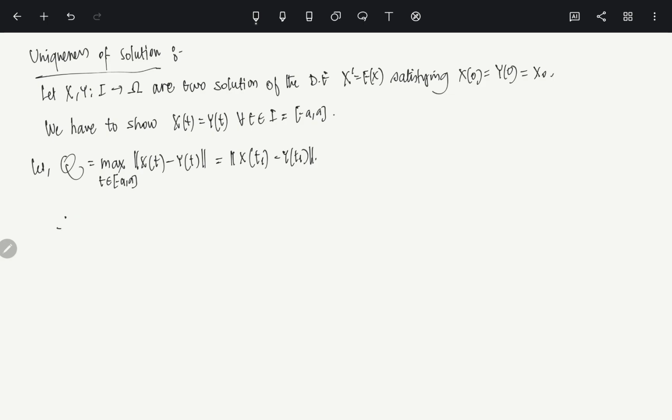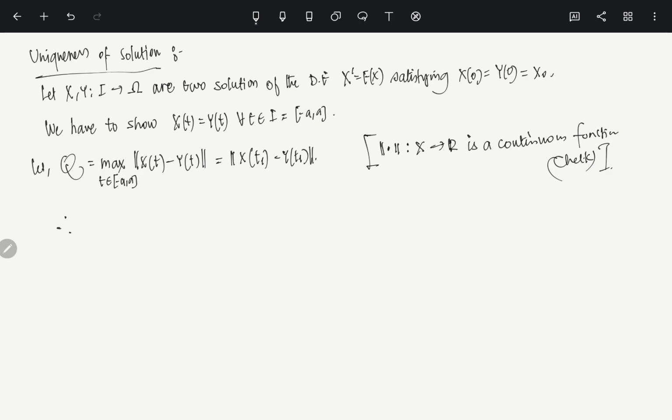Okay, so therefore what is happening is this. First of all, can the maximum be attained? Of course it can be attained. See, what did I tell you? Norm is a continuous map, right? Show this first of all: norm from some X to R is a continuous function. Check this part. I already did it.